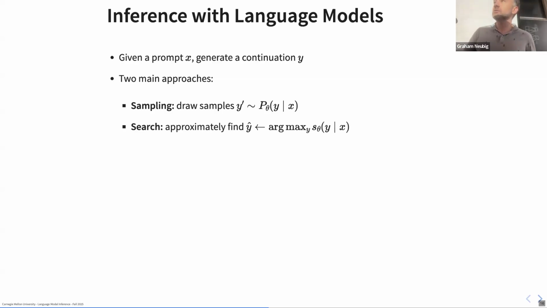And here, search instead is trying to argmax some score of the output. And this score may or may not be the probability. And in fact, in many cases, it's not the probability. I'll explain why we would choose something other than the probability in a second.